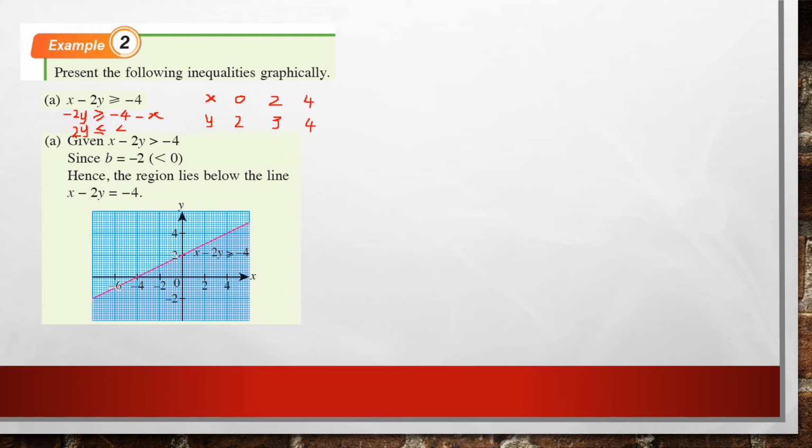That means negative 4 becomes positive 4, and negative x becomes plus x. So here you will get 2y less than or equal to 4 plus x. When it is less than or equal to, that means you are going to shade the below part of the line. So this is the region that satisfies this inequality.